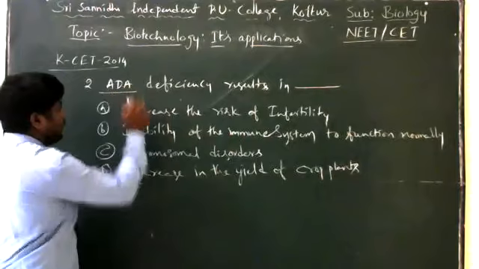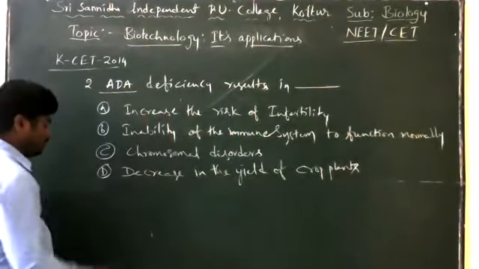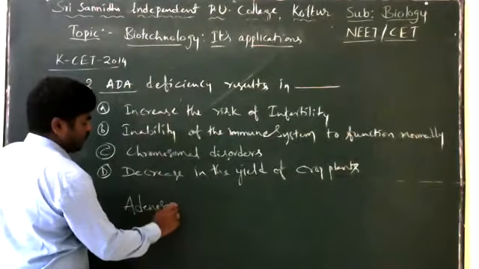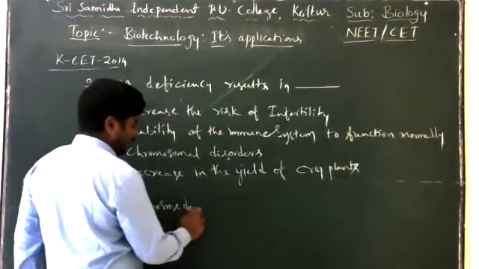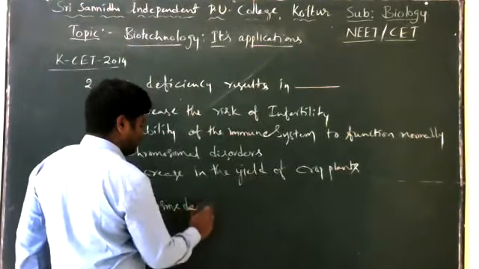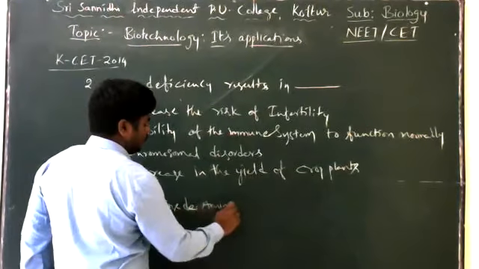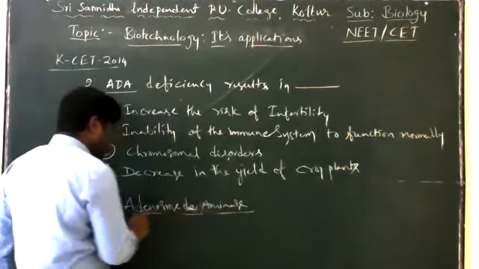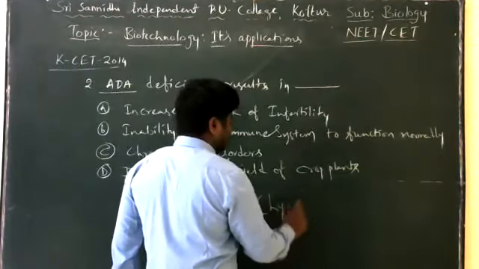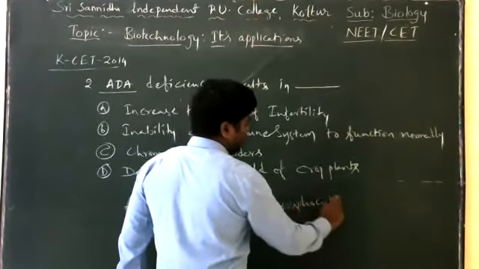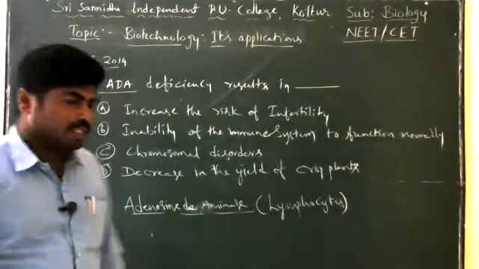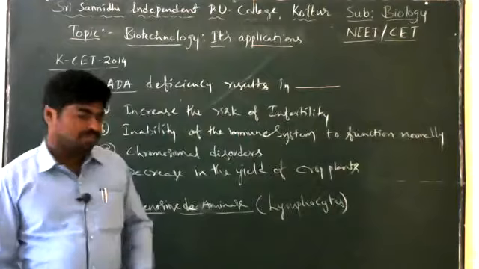So what is ADA? ADA full form is adenosine deaminase. Adenosine deaminase is a type of enzyme, present in lymphocytes. What are lymphocytes? Lymphocytes are white blood cells that participate in the immune system.